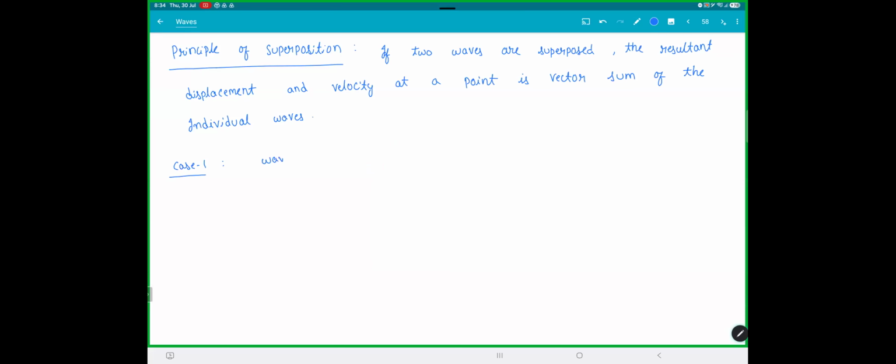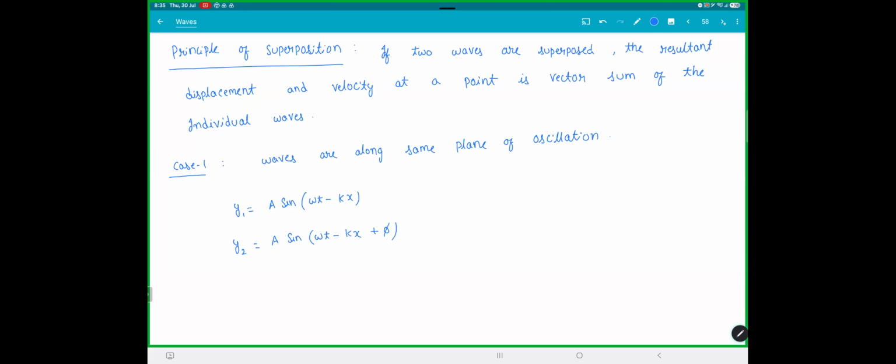Let's say waves are along the same plane of oscillation. That means if you have y1 equal to a sine(omega t minus kx) and y2 equal to a sine(omega t minus kx plus phi), both are out of phase by phi.